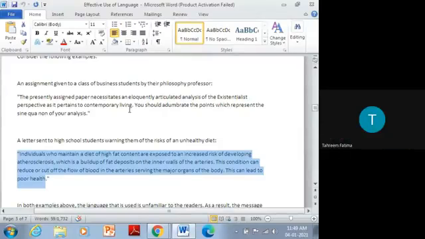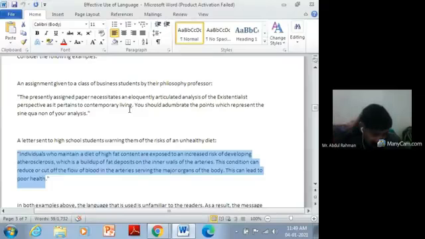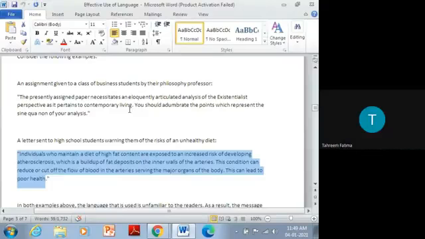So, individuals who maintain a diet of high fat content are exposed to an increased risk of developing atherosclerosis, which is a buildup of fat deposits on the inner walls of the arteries. This condition can reduce or cut off the flow of blood in the arteries serving the major organs of the body. This can lead to poor health.